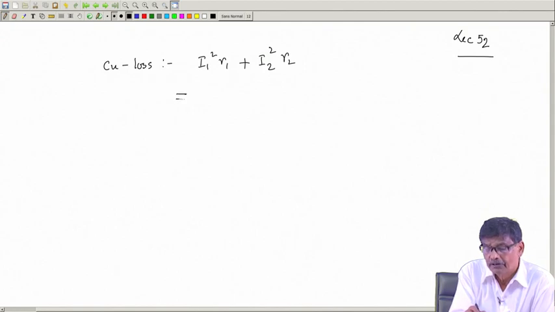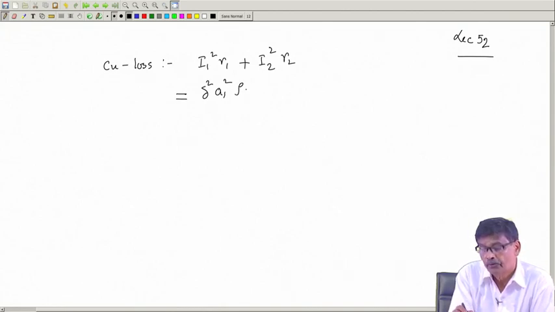Now, this copper loss can be simply written as I squared R for the current in the primary side. R1 is the resistivity of copper, rho, times the length of the copper.